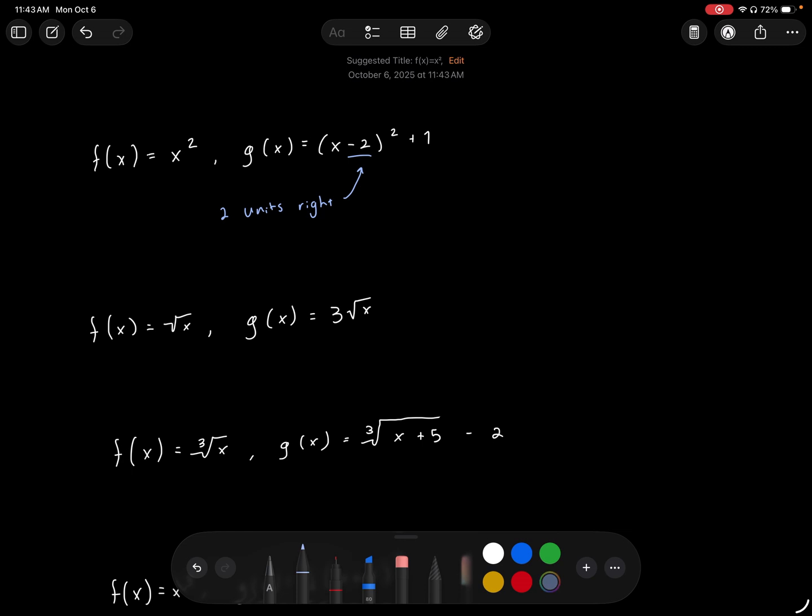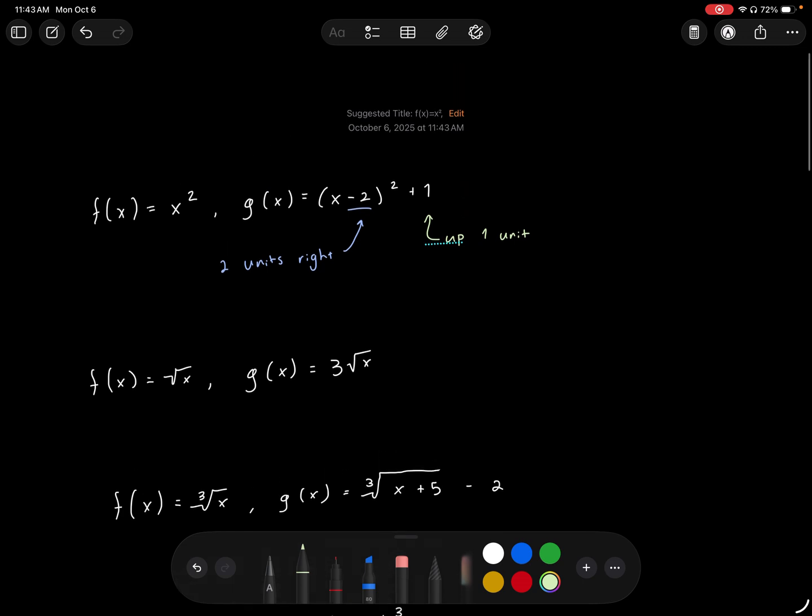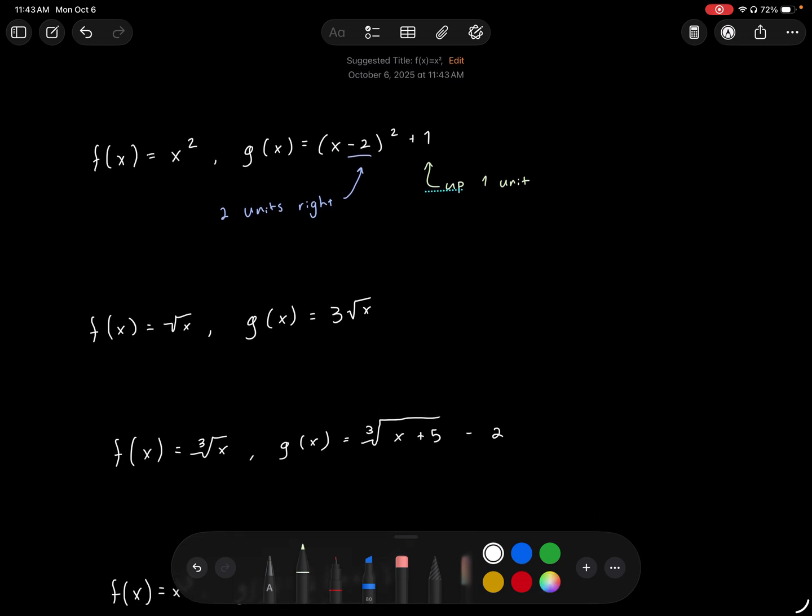And this plus 1 on the outside means we move everything up 1 unit. So up 1 unit. What we've done here is we've shifted the original parabola right and up while its shape has stayed the same.